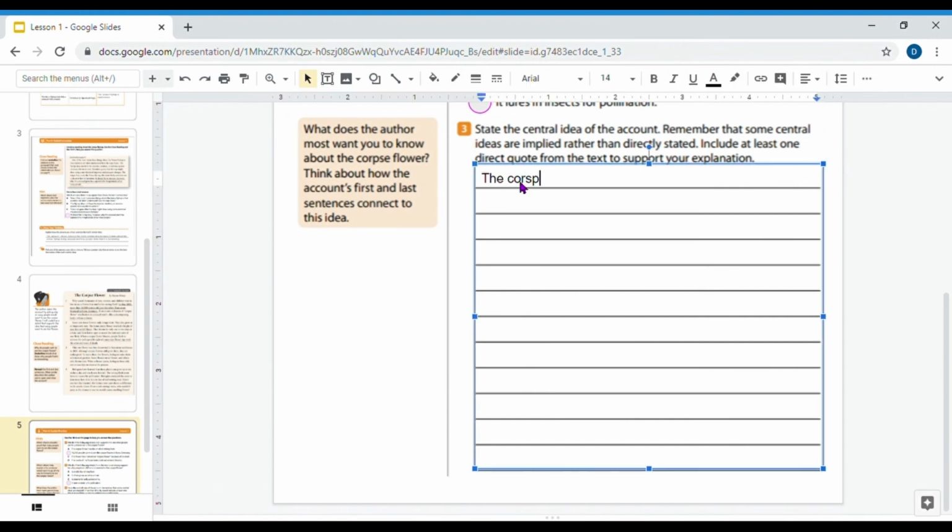The corpse flower, the central idea, we're writing in complete sentences, is that the corpse flower is a unique plant that fascinates people enough to visit it.